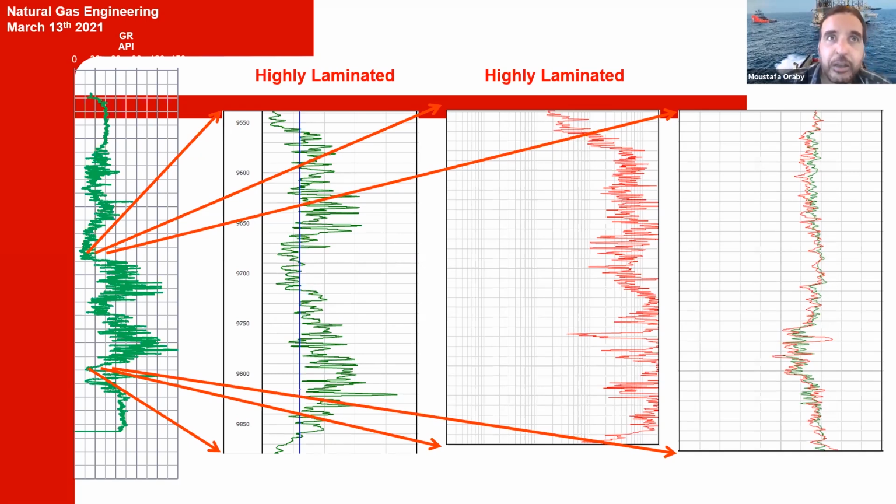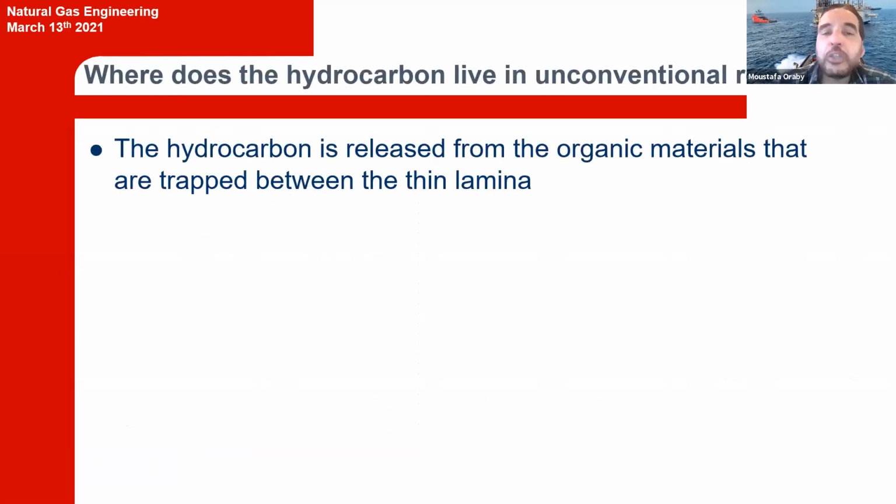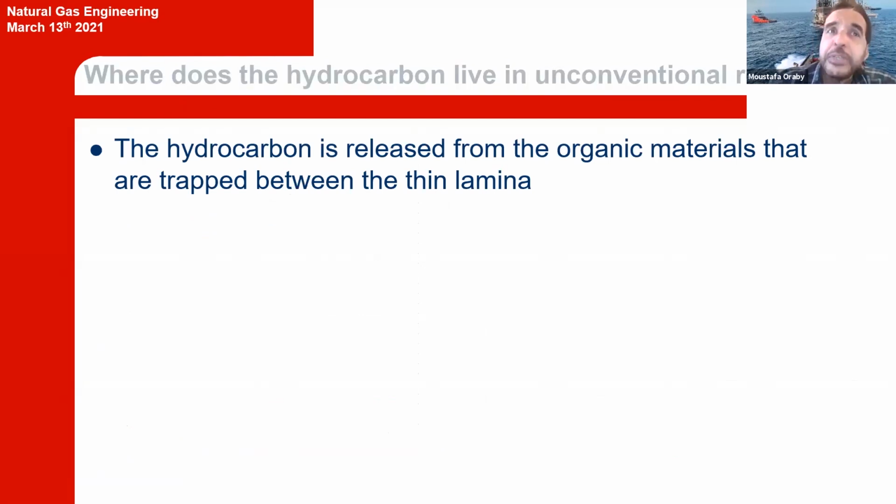So again, we didn't answer the question: where does the hydrocarbon live? Just wait for a second, okay? All right. So being thin lamina is a characteristic. Then where does the hydrocarbon live? Here is the answer. The hydrocarbon is released from the organic material that lives in between the lamina of the rock.